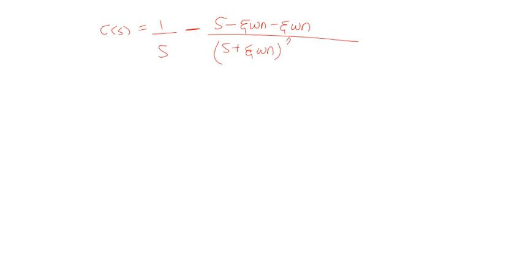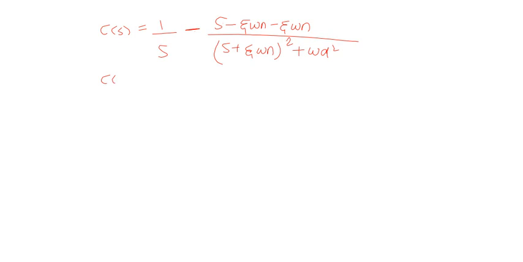Then the C of s becomes 1 by s minus, s minus 2 zeta omega n is written as minus zeta omega n and minus zeta omega n, whole divided by s plus zeta omega n whole square plus omega d square.